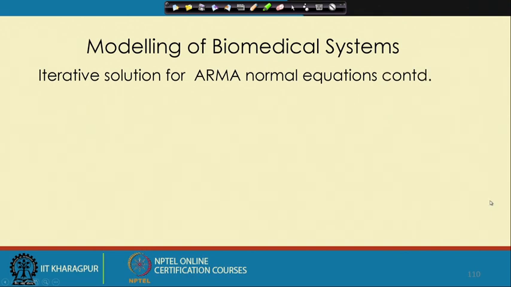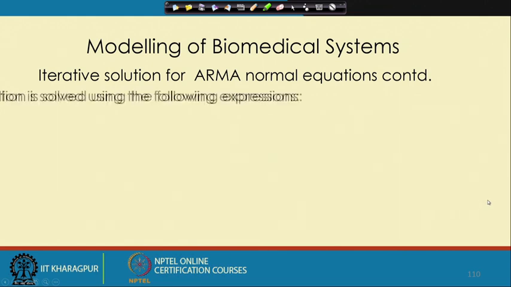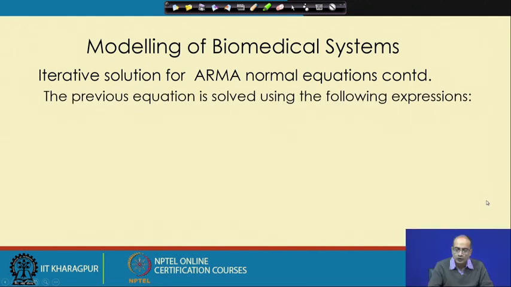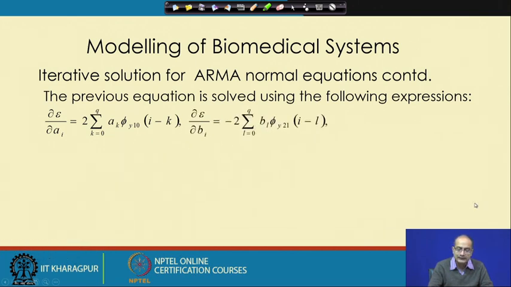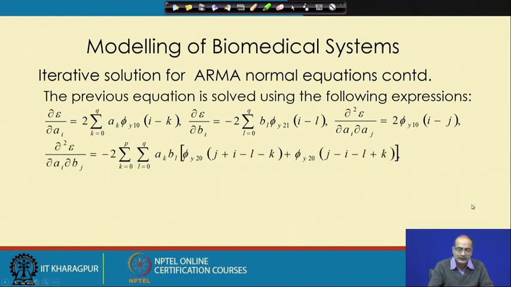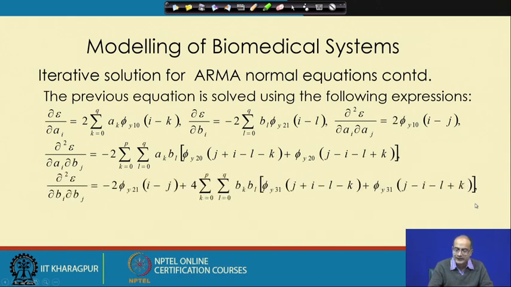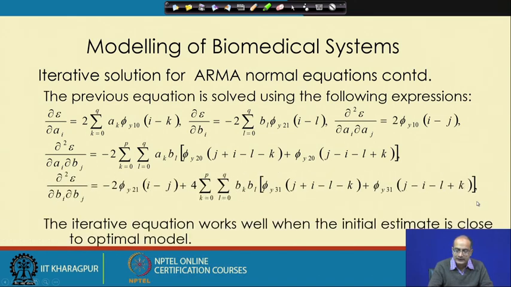So, using the first and second order derivatives we can get a number of equations, and we can solve these equations. Using these equations we can compute the values of a_K and b_L.